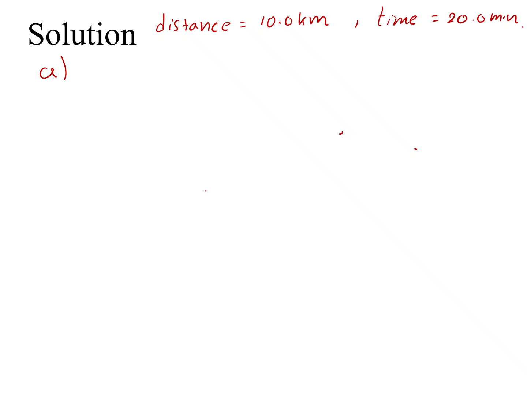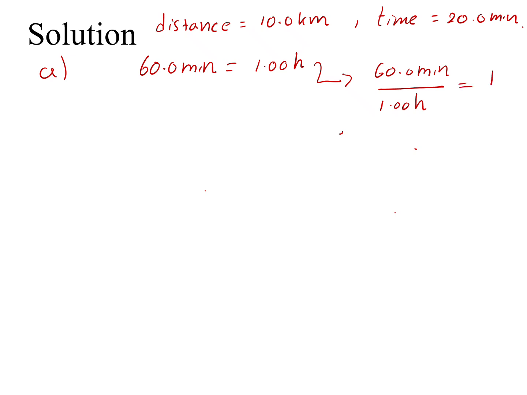So the conversion factor related to this is 60 minutes is equal to 1 hour. From here we can create a fraction: 60 minutes divided by 1 hour equals 1, and also 1 hour divided by 60 minutes is equal to 1.